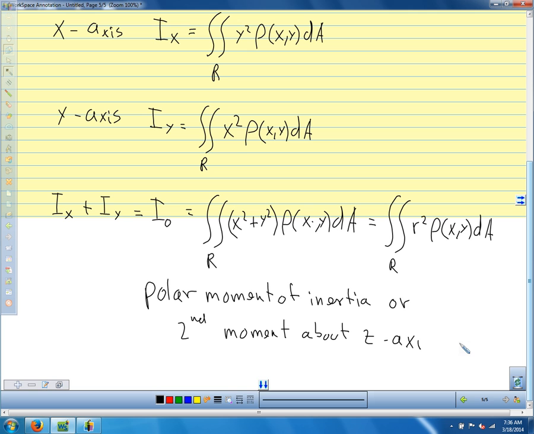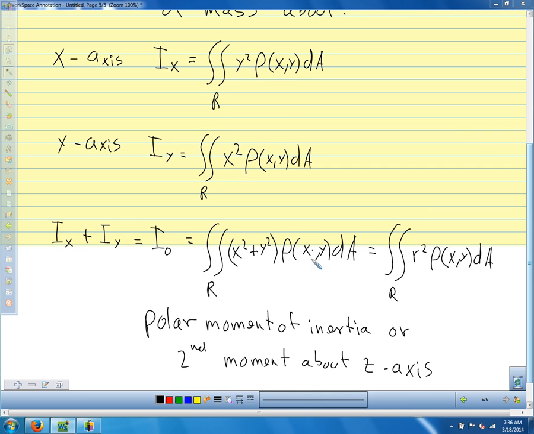So that's our second moment of inertia. And then the quantity that has to do with moment of inertia that's analogous to the center of mass, we call the radius of gyration. Let me make sure everybody's good with the second moment. We set up our integrals the same way. We defined our region in the xy plane. We're putting our density function in here.